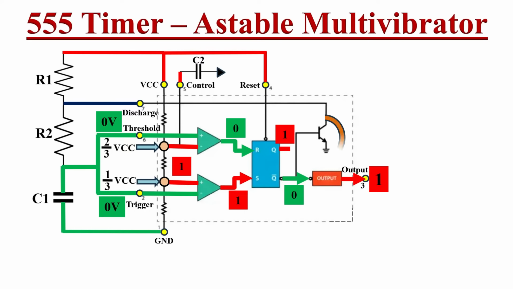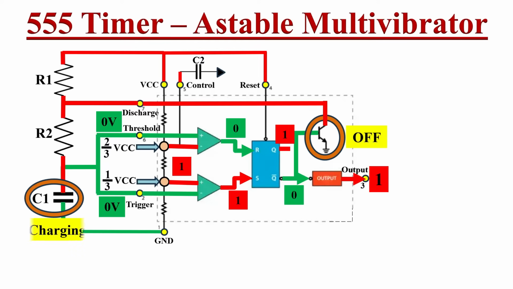Here this discharge transistor will get low level at its base, so it will be in off condition. Hence the VCC voltage cannot discharge through this transistor, so the entire VCC will appear across this capacitor and the capacitor starts charging, and the voltage levels at this trigger and threshold pins will change.